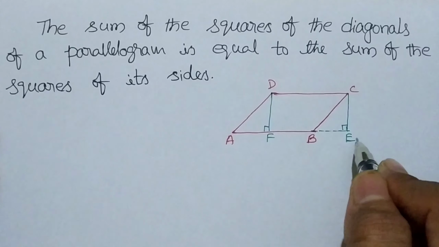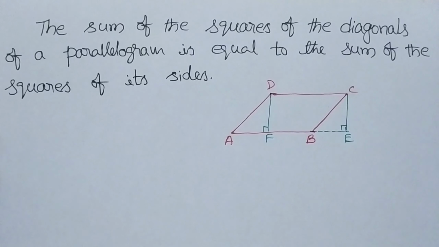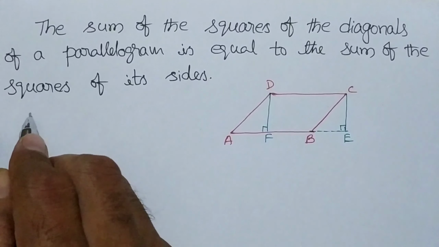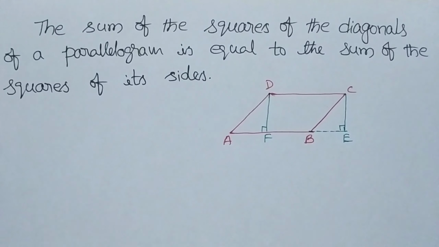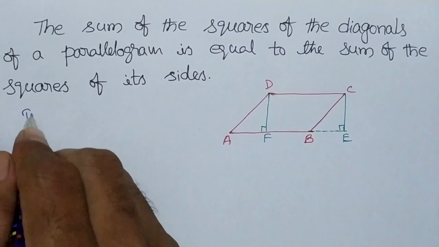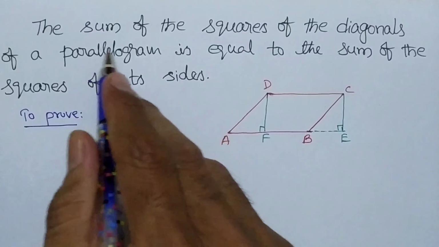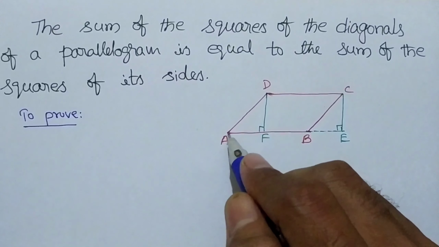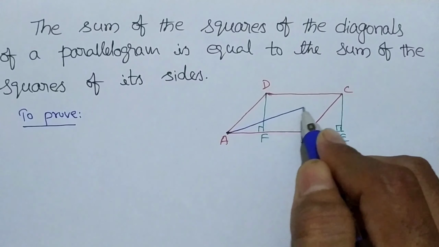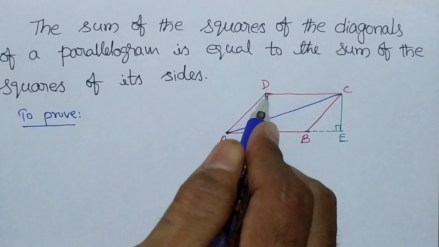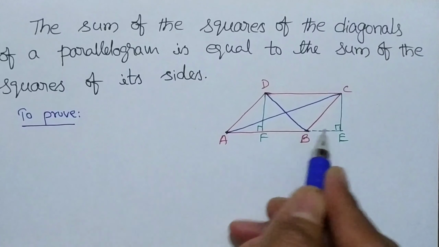Right. Now here we need to prove that. Here let us write to prove. The sum of the squares of the diagonals, here diagonals you see, AC is one of the diagonals and BD is the other diagonal.